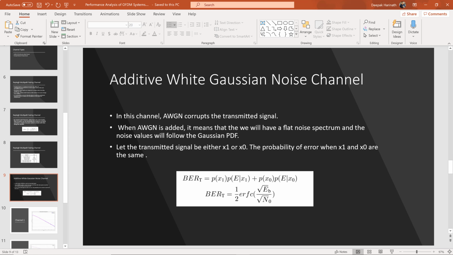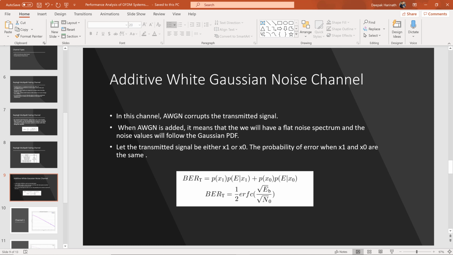So using the law of total probability, we'd be able to say that the theoretical bit error rate would be equal to this expression, and when it is factored down, we get a final expression where the theoretical bit error rate is dependent upon the complementary error function and the Eb by N0 ratio.